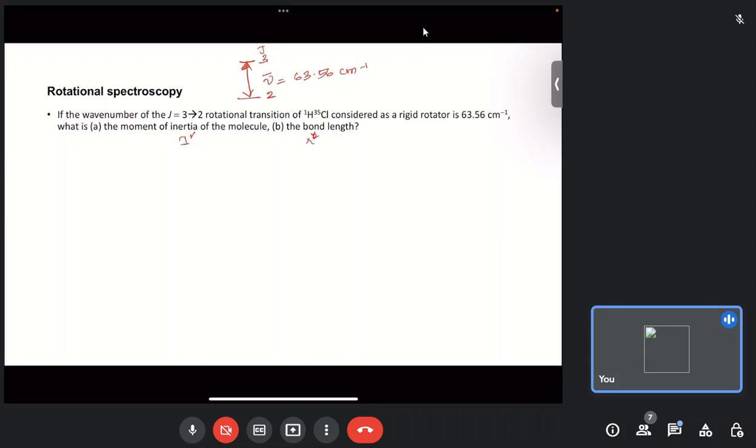So it's sort of like a reverse calculation for the same process.